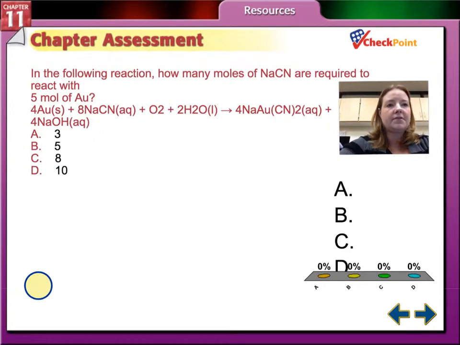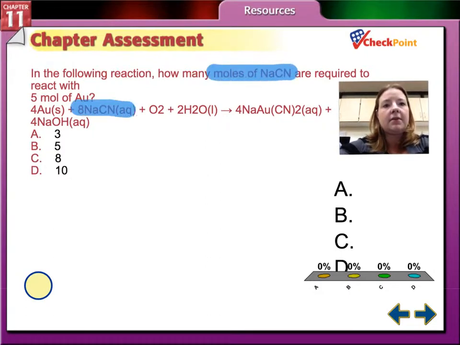Here's another problem that's very similar. I want you to pause the video, try and do it on your own, and then come back and see if you did it correctly. So, if you did it correctly, what you should come up with is, I'm going to do my highlighting like I did before, how many moles of NaCN, I'm going to highlight it in my reaction as well. I'm going to change colors to what I'm given is 5 moles of Au. I'm going to highlight it in my reaction as well, so I know exactly what I'm starting with and where I'm going.